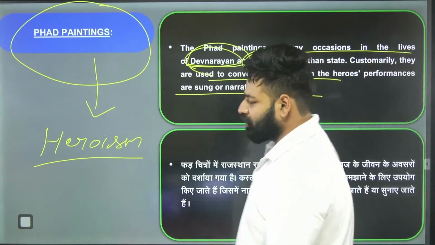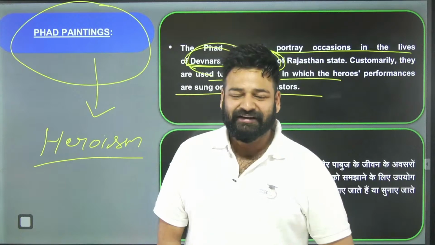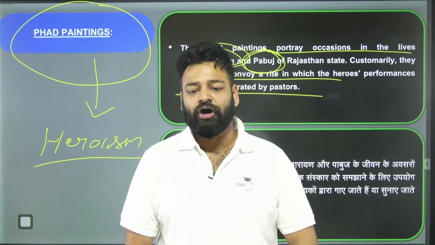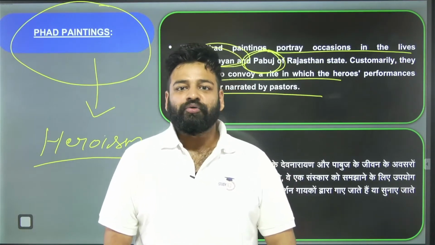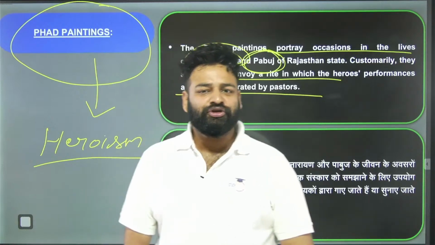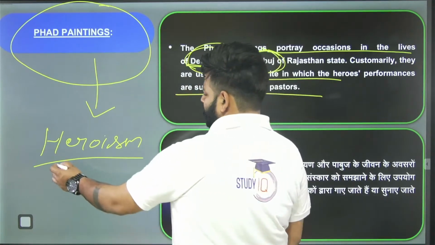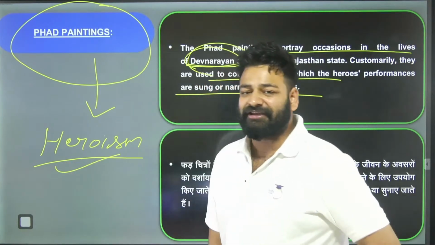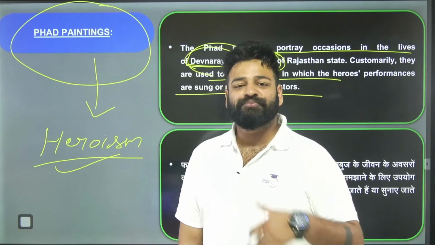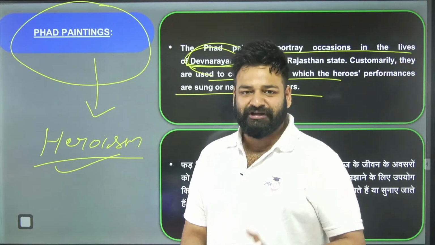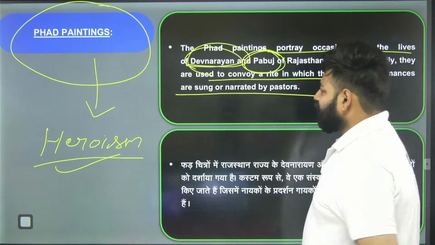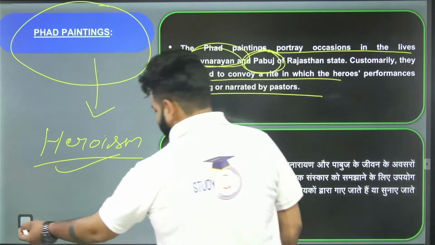So these are the two great names represented in the Fard school of painting. Literally, what used to be the theme? The theme used to be their war stories, that is basically heroism. How brave they were. It was represented in which school? In the Fard school of painting, right?